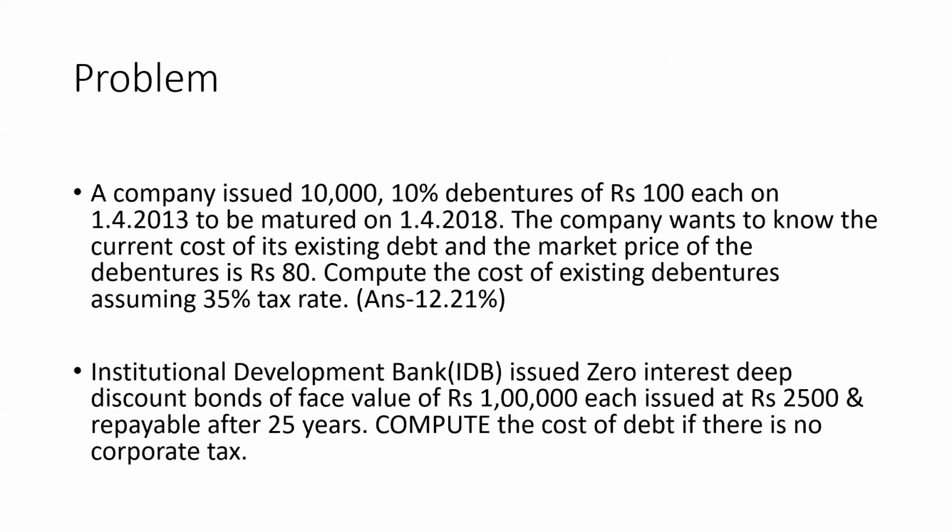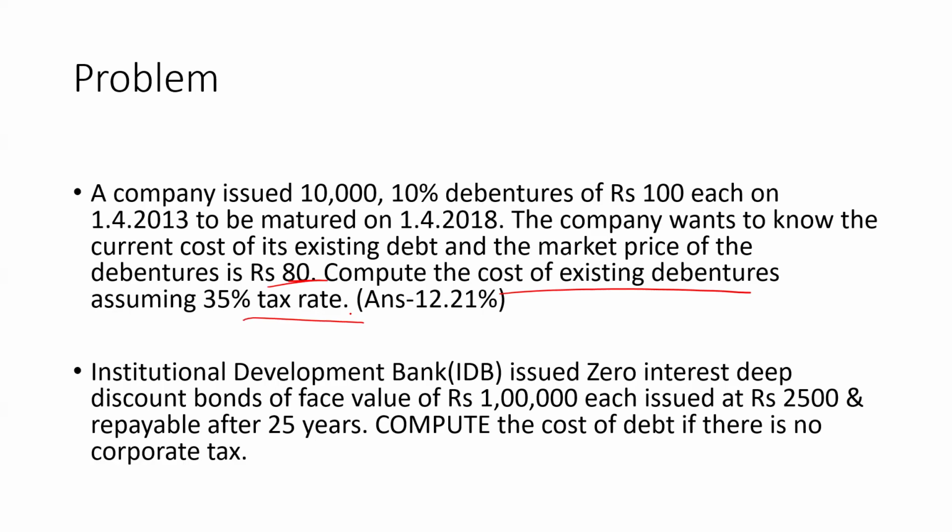Based on that, we'll do a question. Here the company issued a 10% debenture. Again, the interest rate is 10%, so the coupon would be 10, face value is 100. It is issued in 2012, matured in 2018. Life is 5 years. The company wants to know the current cost of existing debt, and the market price of the debenture is 80 rupees. Calculate the cost of existing debt at 35%.